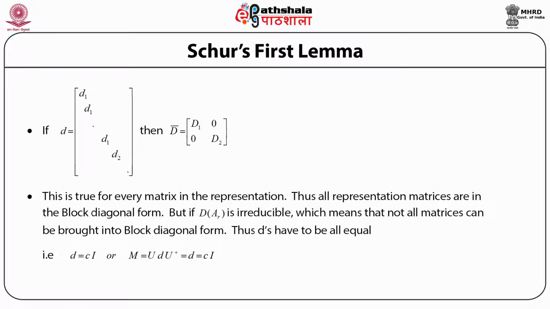Therefore, this is equal to D, which is equal to C times the identity. And therefore, this matrix D is a unit matrix.